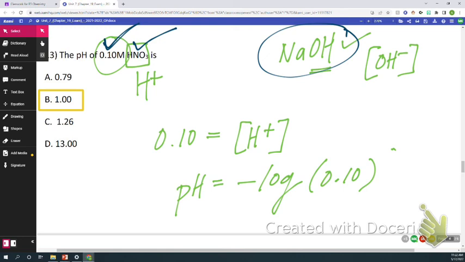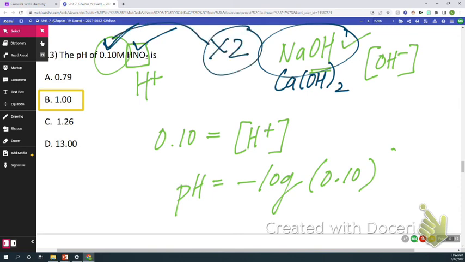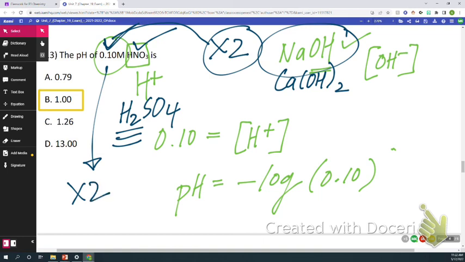But remember, if they give you something with a 2 outside, you have to multiply that number by 2, and then that's the OH minus. What if they gave you H2SO4? That's 2 H's. You have to multiply this number by 2, and then that's the H plus.